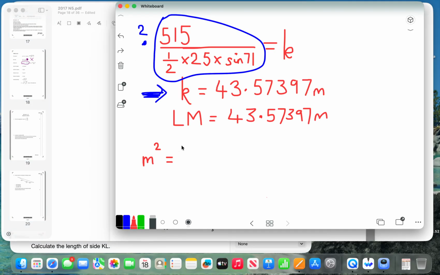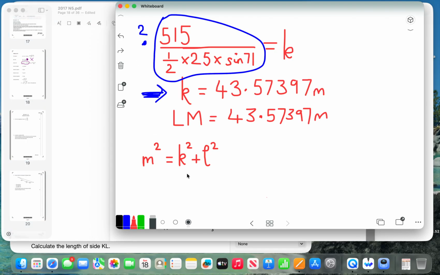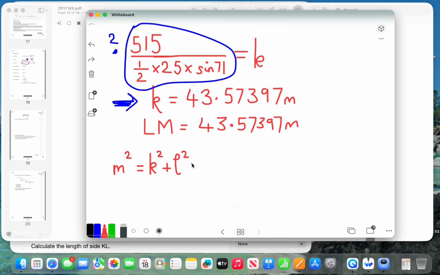So that would become k squared plus l squared, and minus 2kl cosine of m. So we change b for k and c for l and a for m.